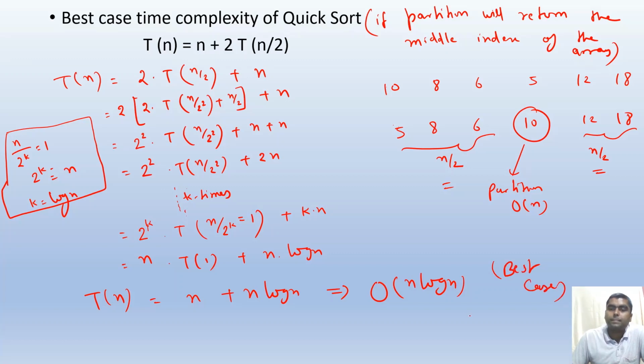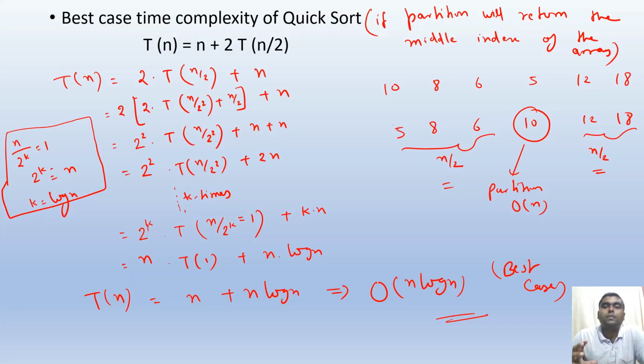The average case is also there, where sometimes you may get an n minus 1 list, sometimes an n by 2 list. The average time complexity of the quicksort algorithm is also the same as the best case, order of n log n. In practical situations you may not get an already sorted list, so this algorithm is suitable in practical situations.